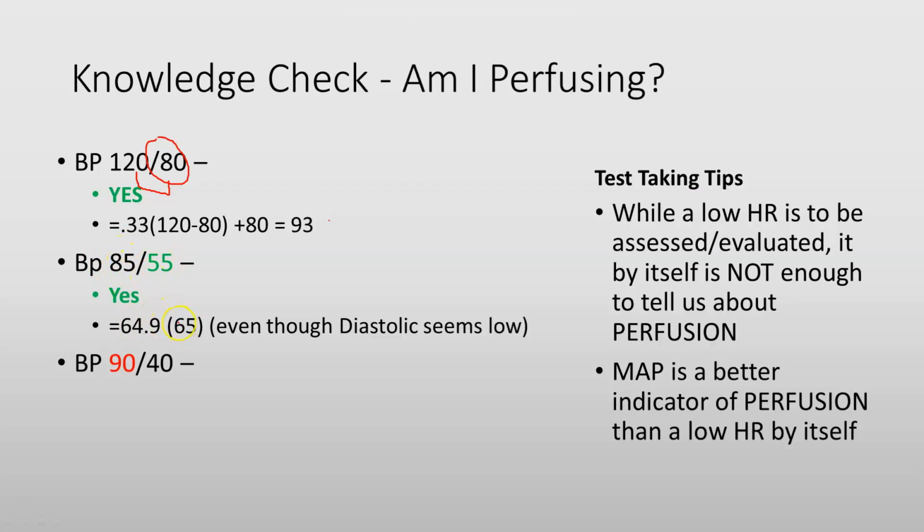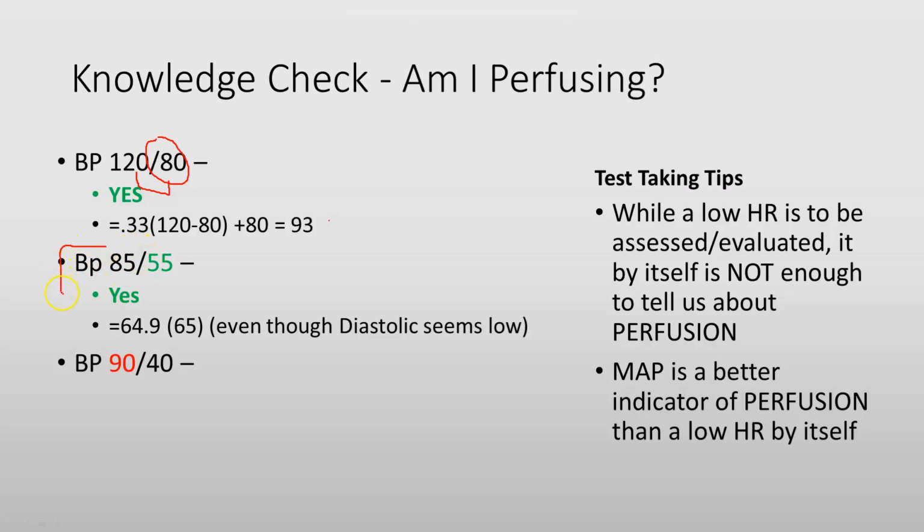In this particular case, it came out to be closer to 10. So even though this number, I'm going to tell you guys, hey, anything less than 90 could be potentially indicative of shock. That's absolutely true, and you should pay special attention to that client, especially if they're trending down.